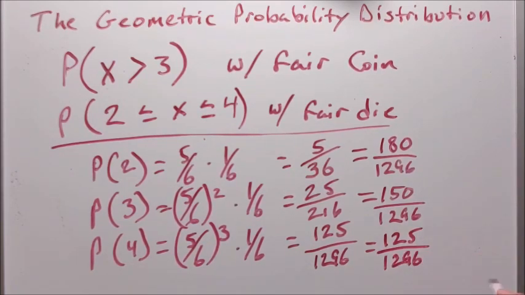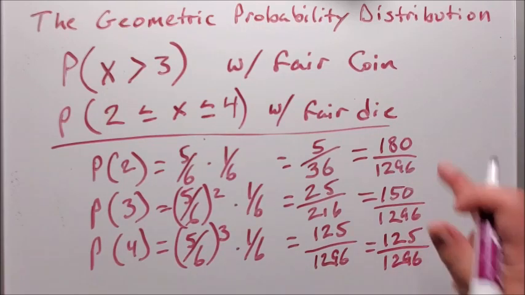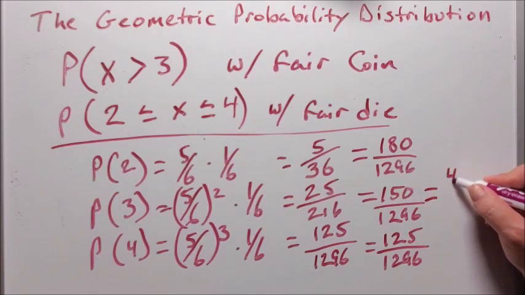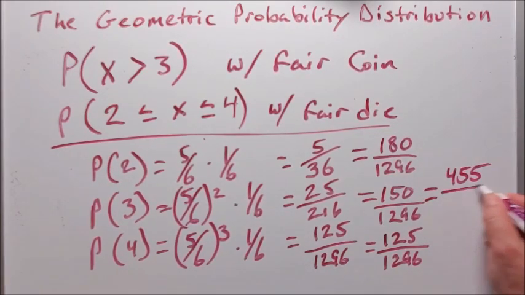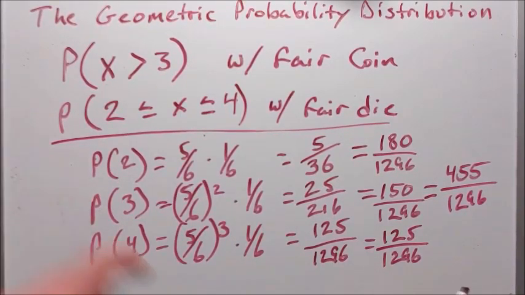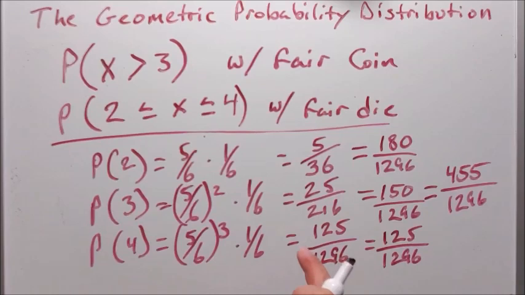We'll figure it out and I'll correct it. So the sum of these three values is going to be the answer to this problem. And if I'm not confused, I think it's going to be 455 over 1296. So that's the answer. That's the answer to that one. Hope that's clear enough.